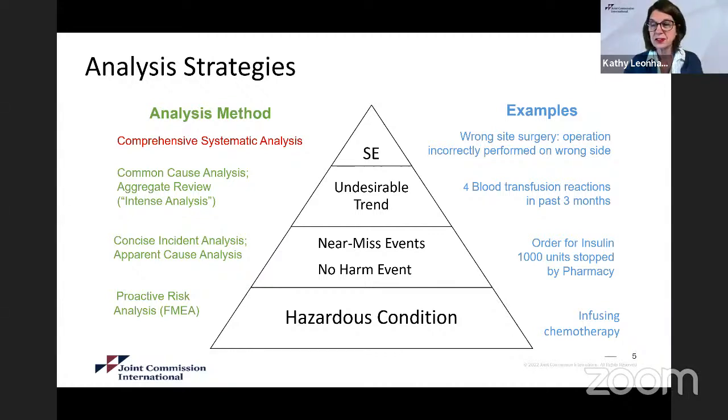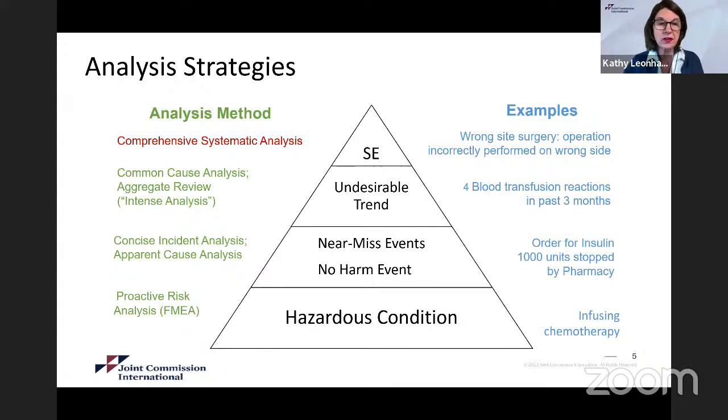That's the focus of today. But there are lots of types of analysis methods. And you see on this slide on the left side that I've listed some of those. You may use a method for analyzing safety events or hazardous conditions that is different from the root cause analysis.